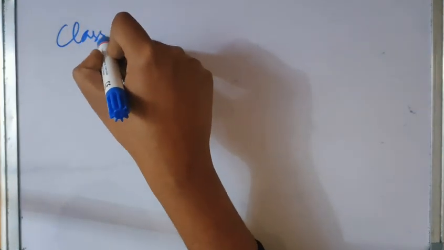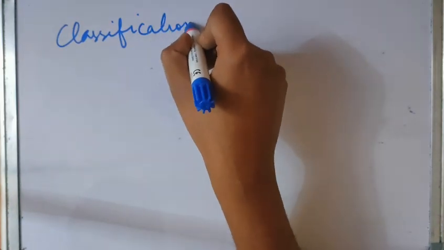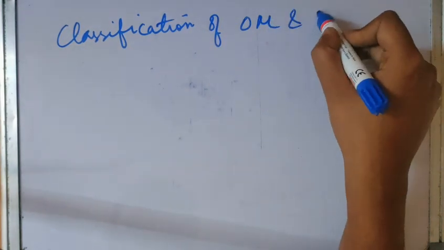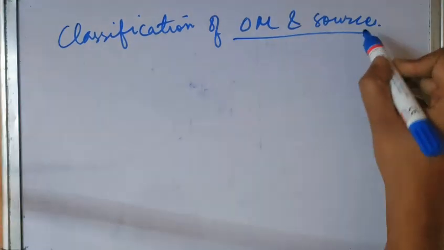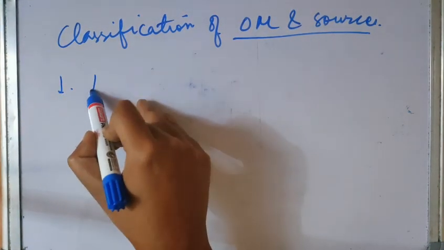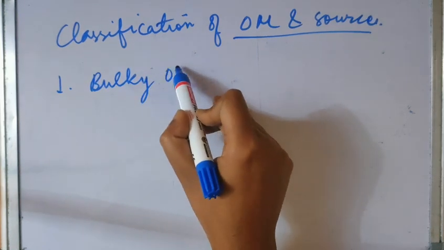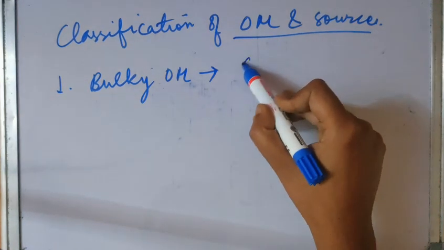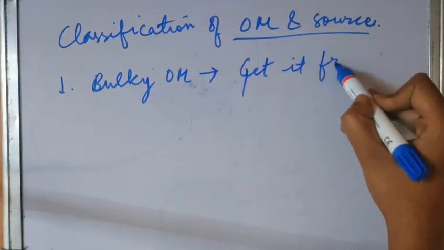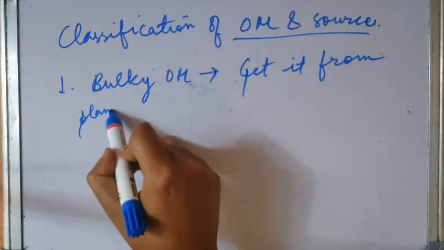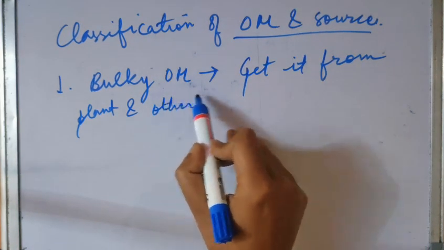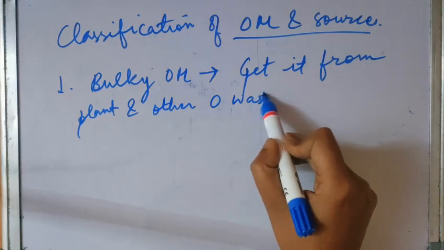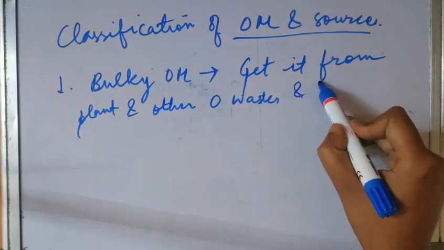Now classification of organic manure and sources. How will you classify it? First one is bulky organic manure. We get it from plant and other organic wastes and green plant tissue.